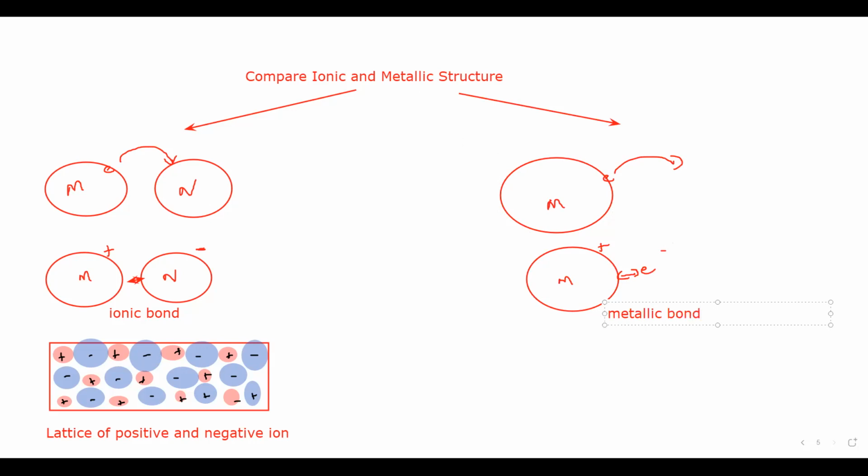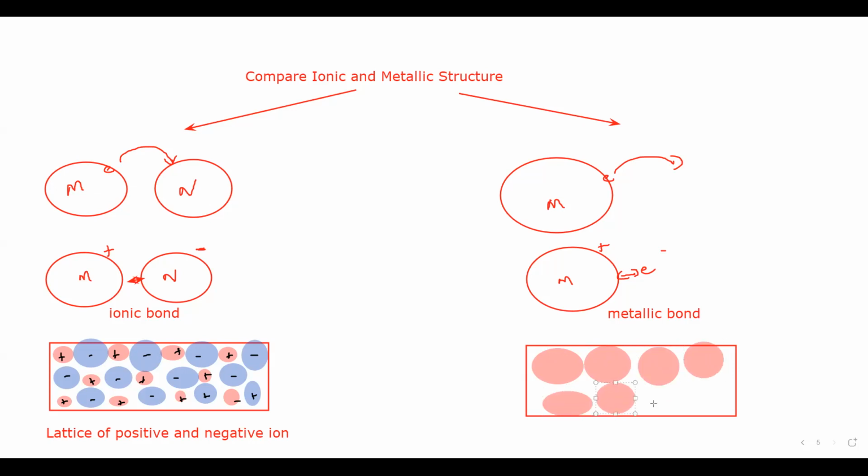And what about the structure? In the case of metals, we have all the positive ions, and the free electrons within the structure.